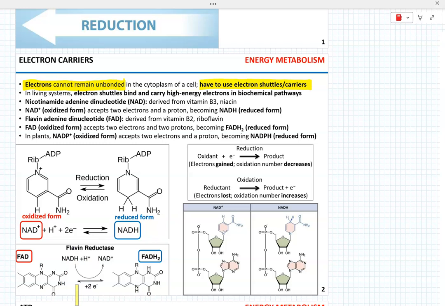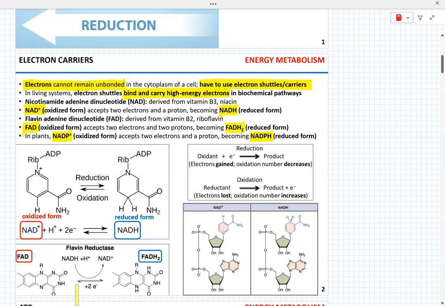Essentially, the function of electron carriers, or electron shuttles, is to bind and carry high-energy electrons between the molecules, the intermediates, in the biochemical pathways. 3 electron carriers that you must be aware of are the NAD, NADH pair; FAD, FADH2 pair; and NADP, NADPH pair.